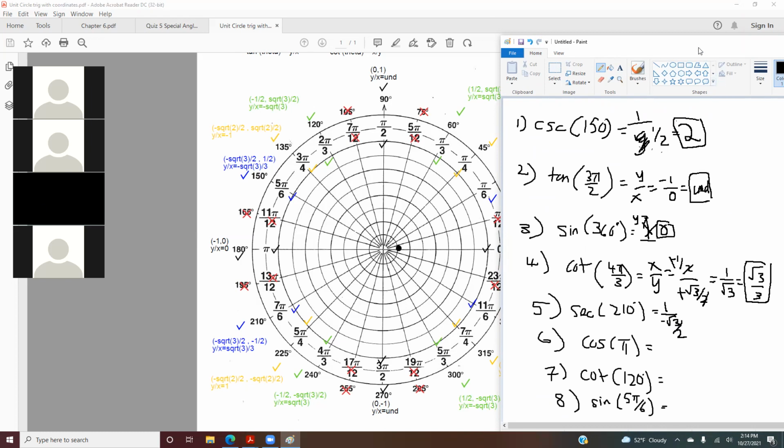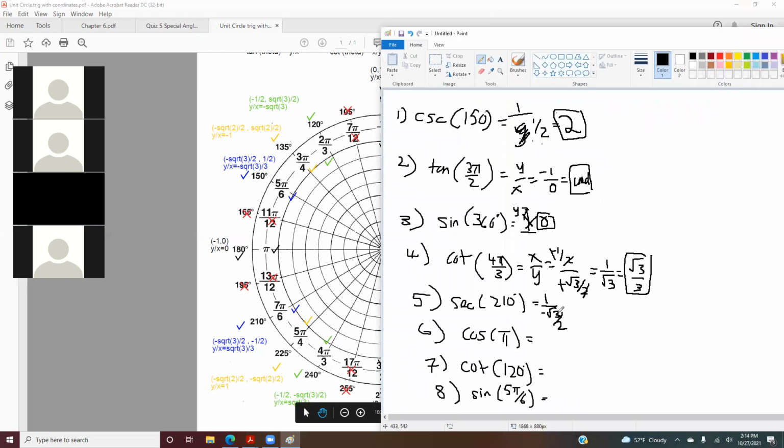So does anyone know how to simplify this? The square root of 3 over negative 6. Nope. Good try. So what we do when you have 1 over, means you take this and you flip it, right? So what is 1 over negative root 3 over 2? This is negative 2 over root 3. So you flip this fellow.